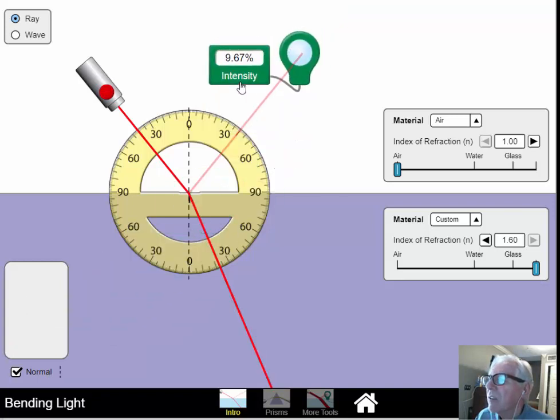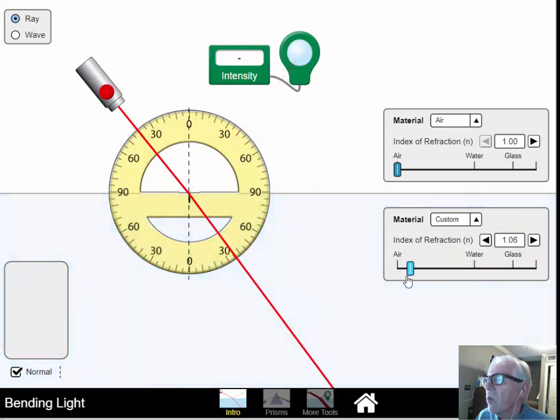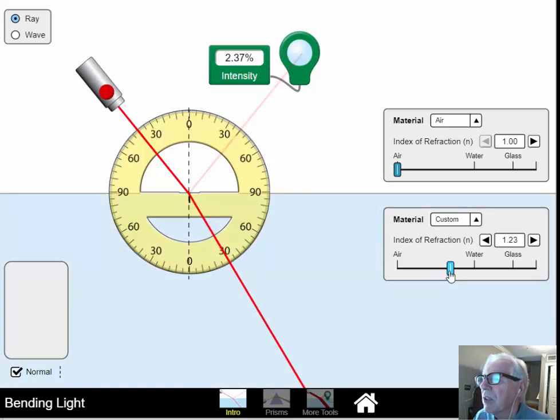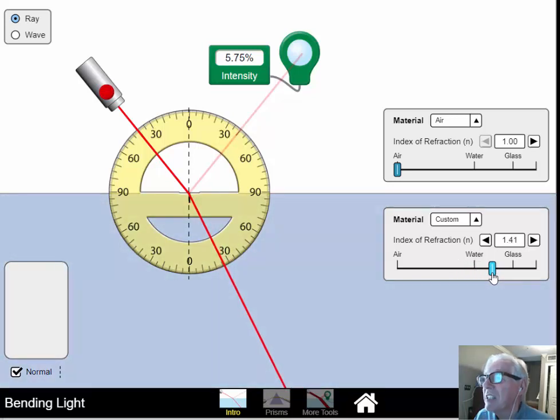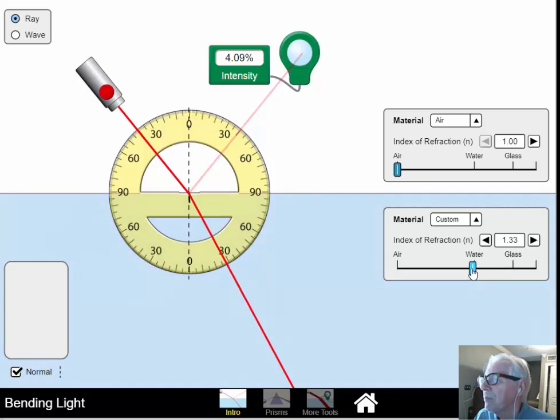Let's test that out. As I make these materials more similar, I get less reflection. And as I make the materials different, air versus water, air versus glass, I get more reflection. I don't get 100%, it's not like a mirror, but there's enough that I sometimes need to take it into account. So that's interesting.